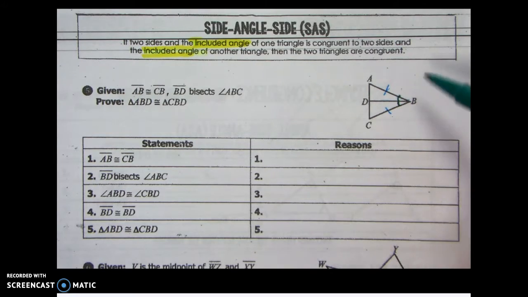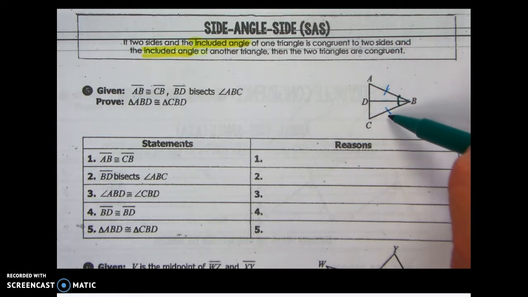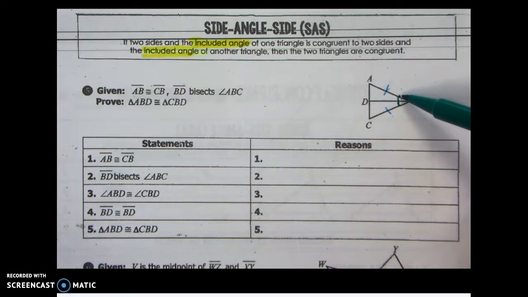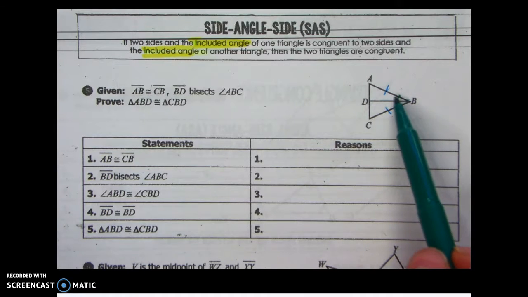Okay, so far I've got one side here congruent to a side there, one angle here congruent to an angle there. Now, my only option is for a side, angle, side, two sides and the included angle. Okay, so I've got the two sides. Here's the angle.